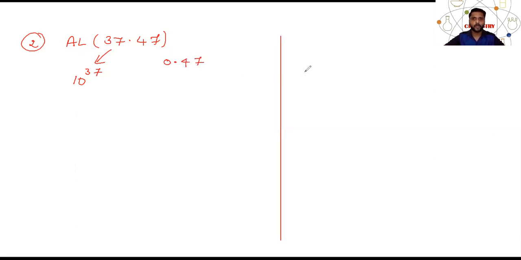We have log 3 equals to 0.47. Therefore, multiply this power by 3. Therefore, final answer is 3 into 10 to the power 37.